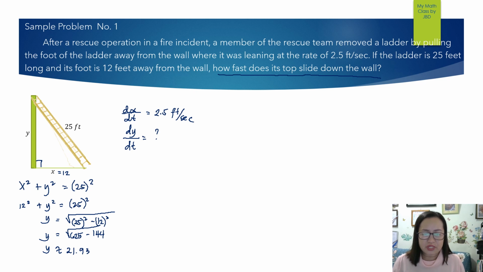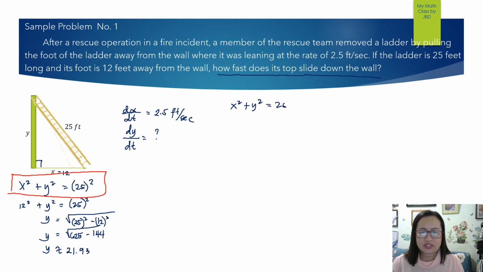This time we will be using this as our working equation.